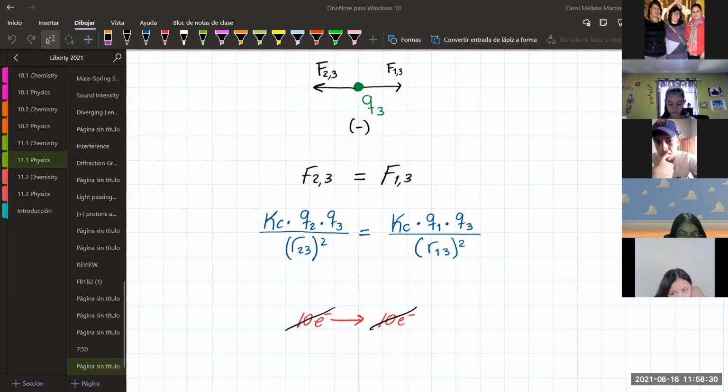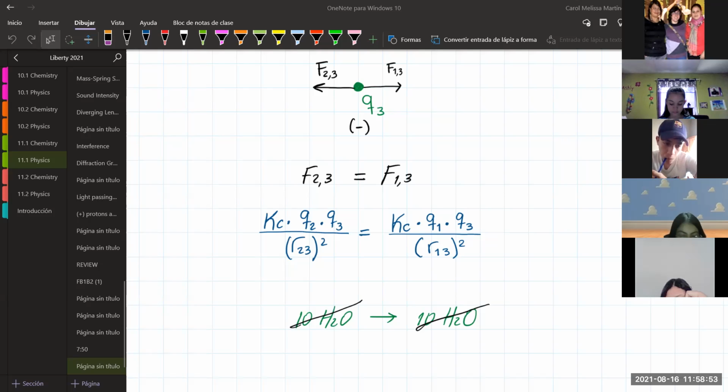We cancel them because they are the same, and they are doing the same operation. If you have 10 water in the reactant and you have 10 water in the product, they are also going to be cancelled because we have the same value in the two sides of the equation. Here we're going to do the same. We're going to cancel those values that are the same and they are doing exactly the same mathematical operation.